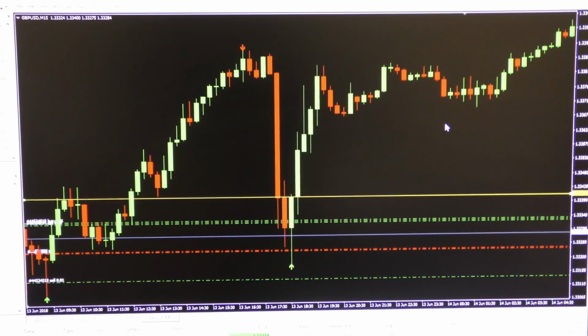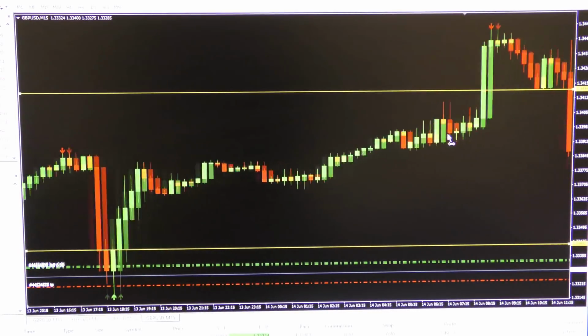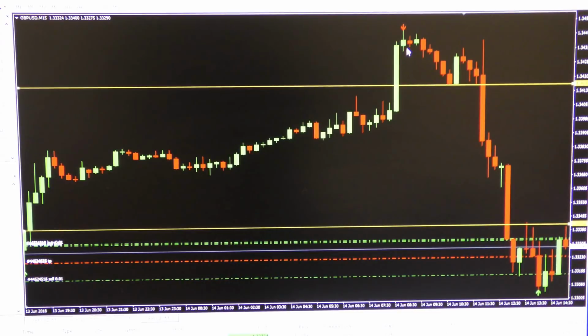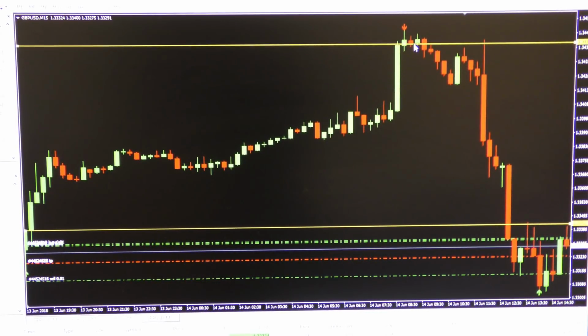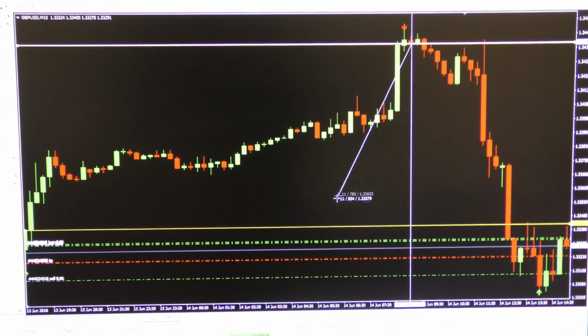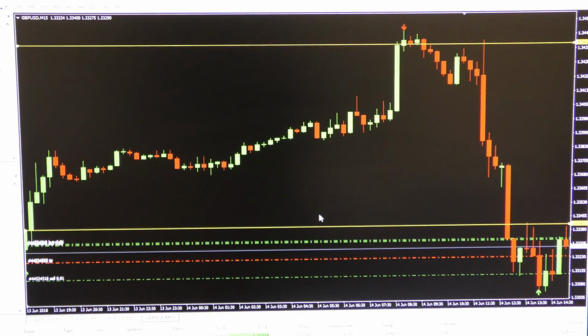open of this candle, and then you continue until you see this red candle here. This is 97 pips, so plus 97 is equal to 547 pips.